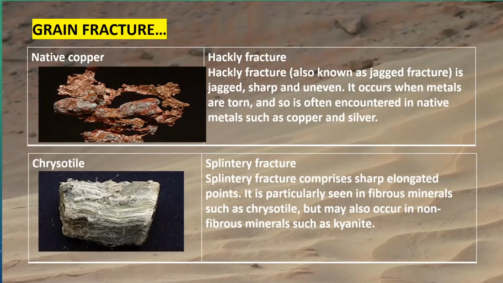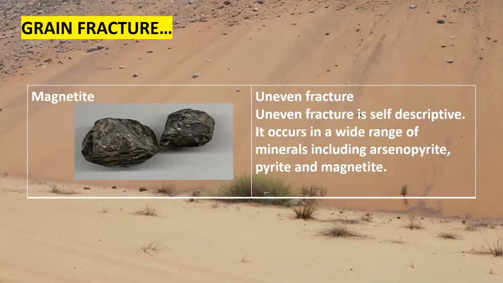It is particularly seen in fibrous minerals such as chrysotile, but may also occur in non-fibrous minerals such as kyanite. And then magnetite, or the uneven fracture, which is self-descriptive. It occurs in a wide range of minerals, including arsenopyrite, pyrite, and magnetite.